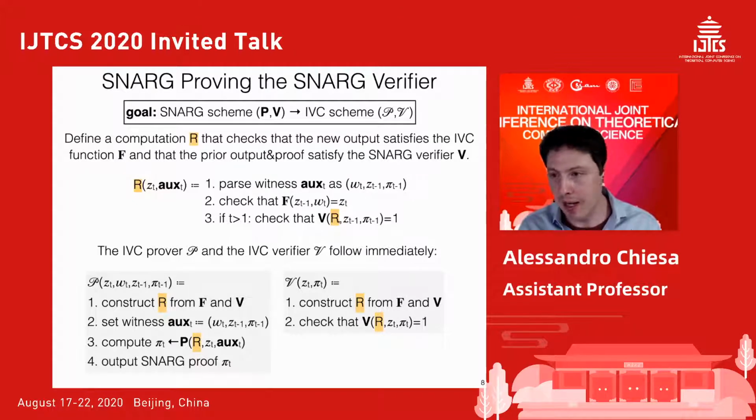So the way you would actually create this R is that R receives as input not just ZT, but also some generic commitment. That generic commitment will be given as an input to the snark verifier. And then in action, you would use R and give as input to it a commitment to itself, so that that commitment would find its way here. That's one way. There are other ways to break the circularity. The rest, you just assemble it. You have a circuit for F, you have a circuit for V. Together, they make a circuit for R. And I hope that answers the question.